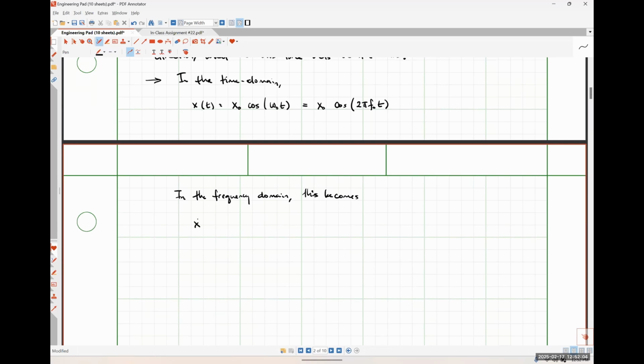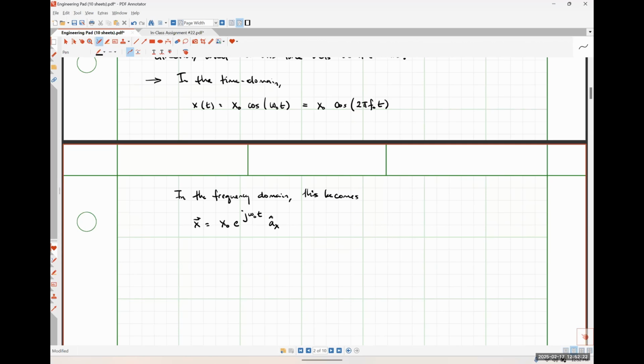We would have x as a vector is going to wind up being x naught e to the j omega naught t in the x direction.